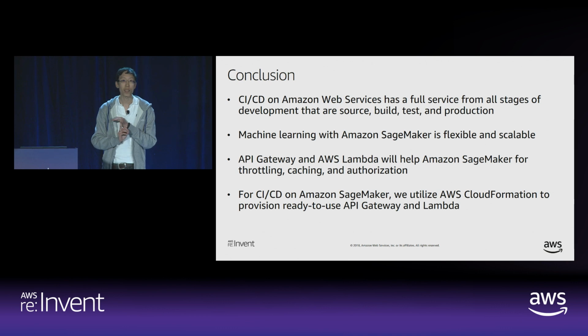The caching is a very, very good thing to do because sometimes when you do the API, it's the same request, right? The same request is going to make the same response. If you do the caching, you're going to reduce the workloads that hit the hosting on the SageMaker.